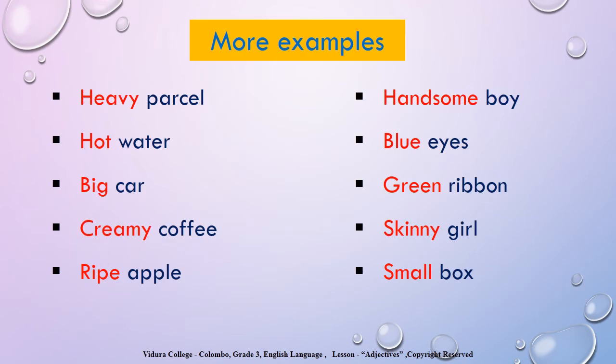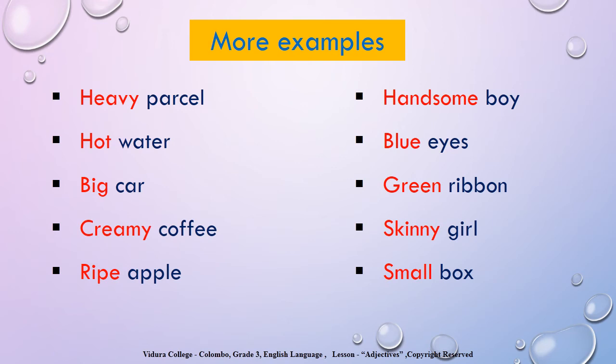Let's look at some more examples, children. Heavy parcel, hot water, big car, creamy coffee, ripe apple, handsome boy, blue eyes, green ribbon, skinny girl, small box.